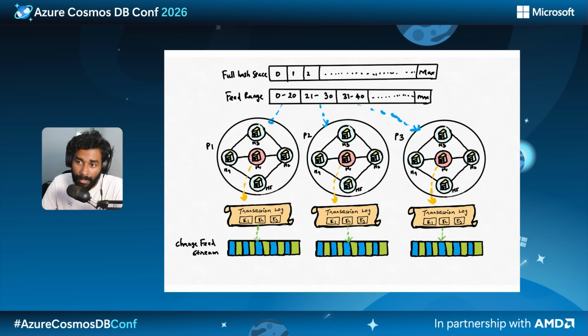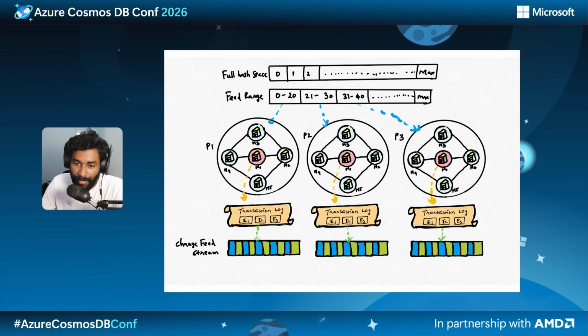Inside each physical partition, we have a replica set of machines, a leader, and follower replicas. Whenever a write happens, the leader replica first appends the change to its transaction log, or you can call it as write ahead log, and those changes are then exposed as a stream called change feed.